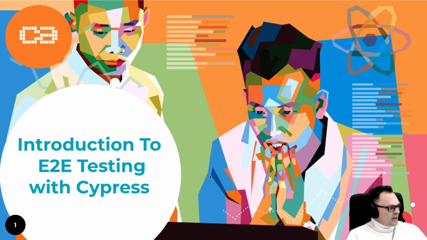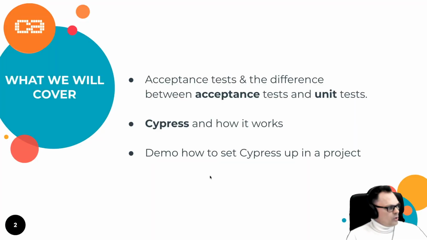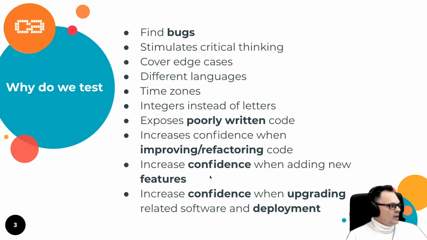Introduction to end-to-end testing with Cypress. We know that what we are talking about is the difference between acceptance tests and unit tests. Today, in these demos, we're focusing on acceptance tests and how Cypress solves a lot of issues for us.